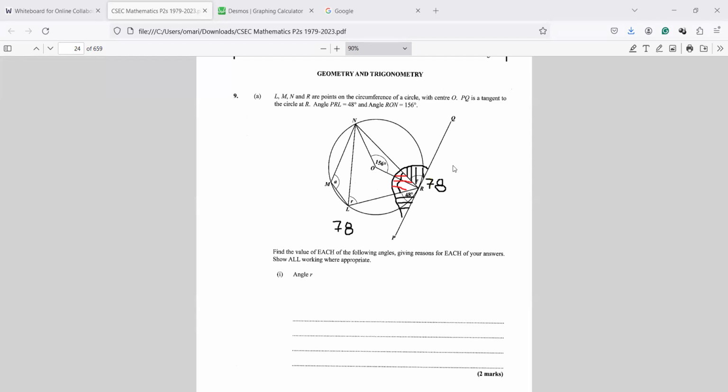I'm reading a message in chat. Just give me a second. I actually have 54 degrees for that inside angle there that we're trying to find, now A. Right? So I have E as 78 and 54 degrees as angle LRN.